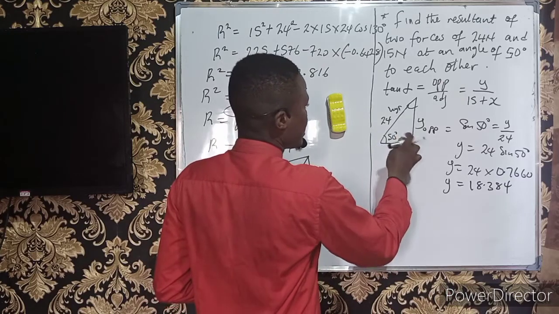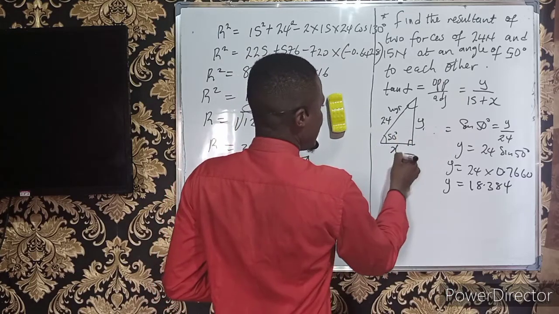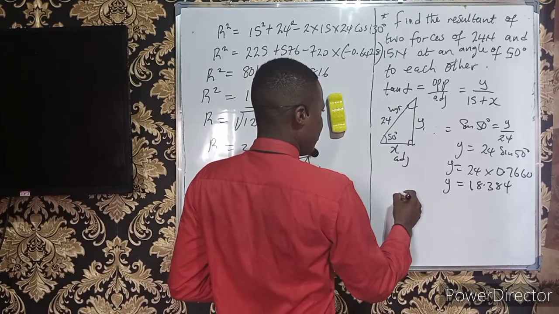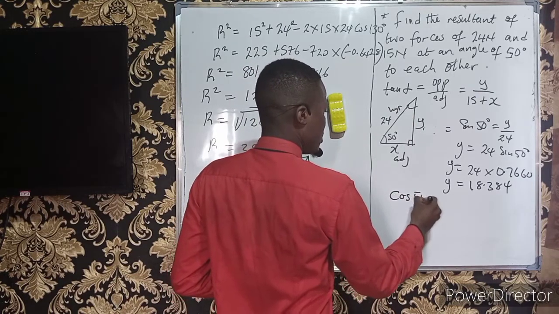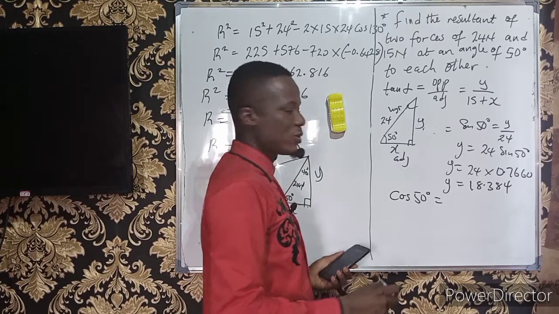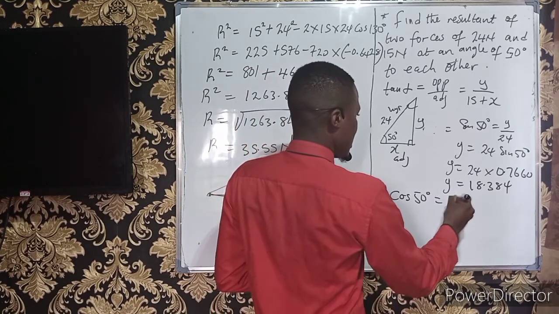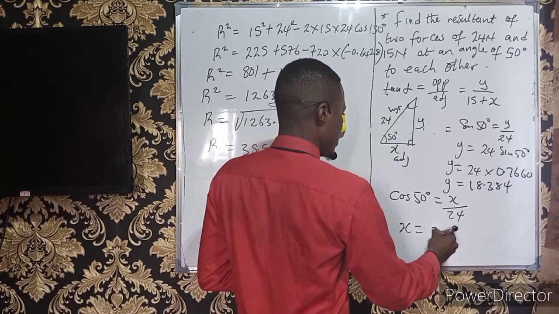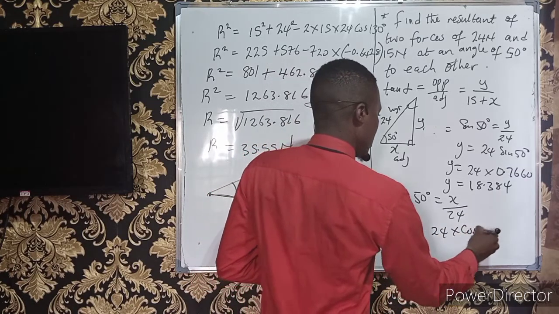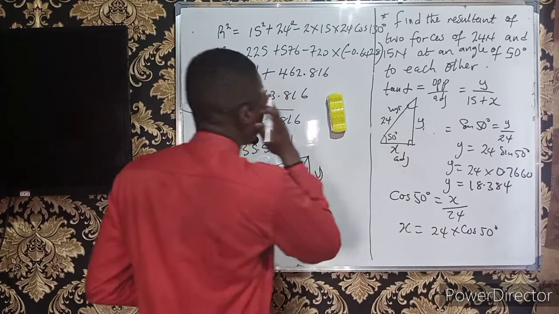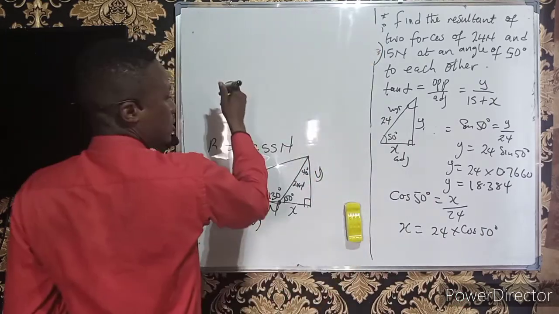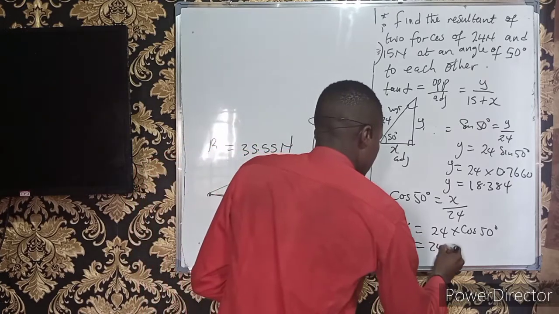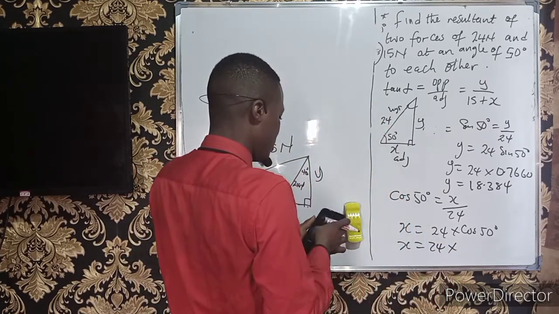Now let me get x. If I want to get x, here is adjacent over hypotenuse. So I will have cos 50 because adjacent over hypotenuse will give me cosine. Will be adjacent x over 24. Cross multiply, x is now 24 times cos 50 degrees. Okay, so x will now give us 24 times, let us get cos 50.